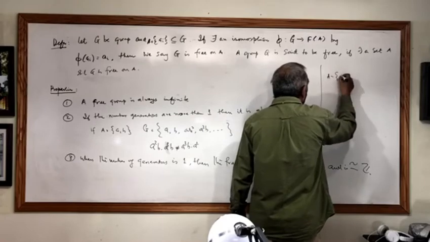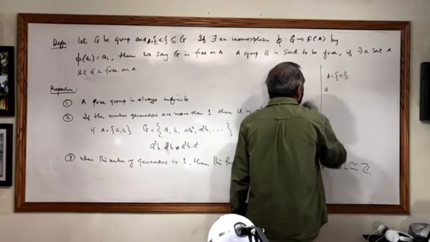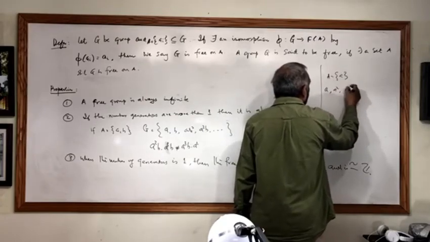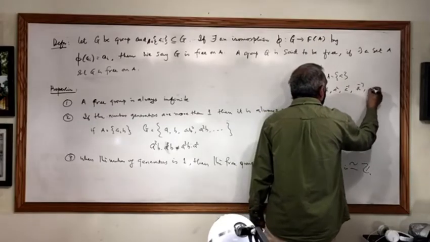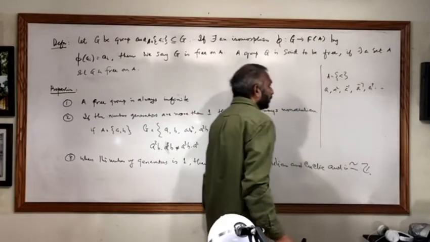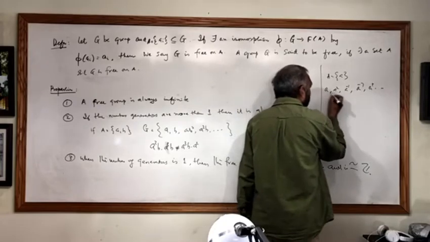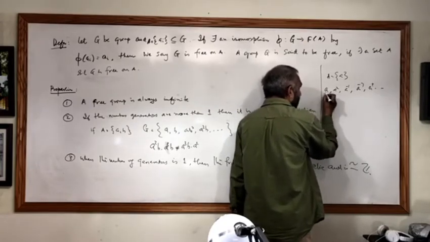A is equal to {a}. So the words are a^2, a^(-1), a^(-7), a^3, etc. So when you multiply these or place them in juxtaposition, these are the words.